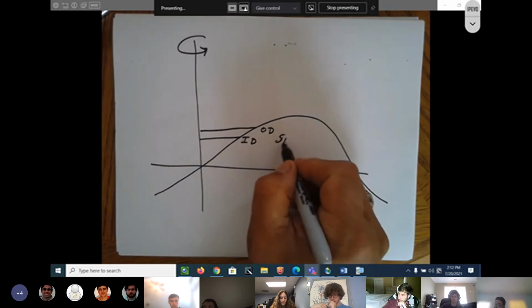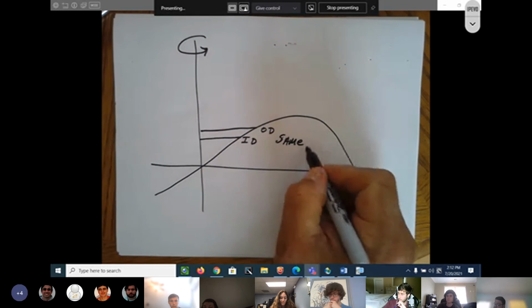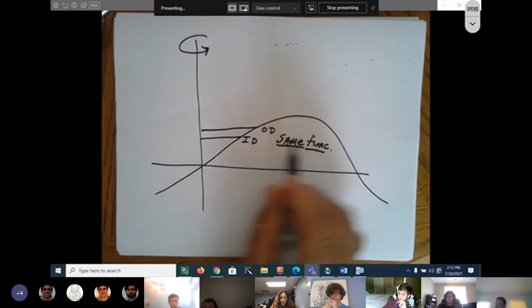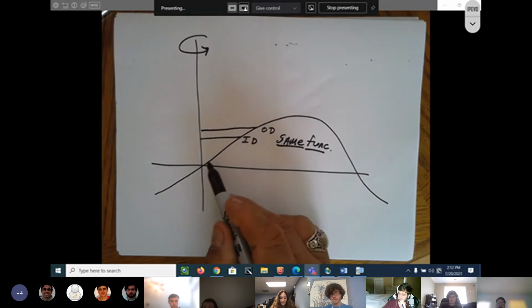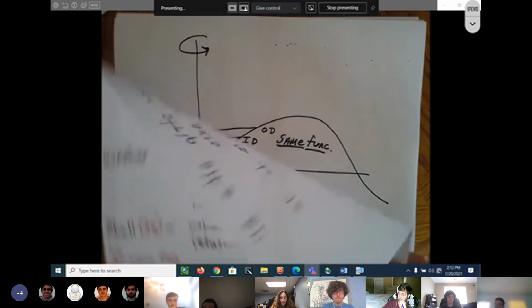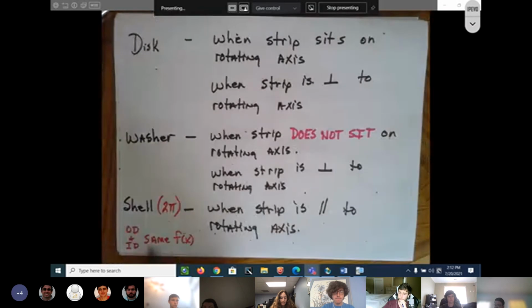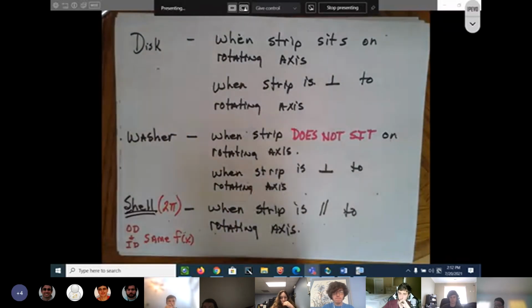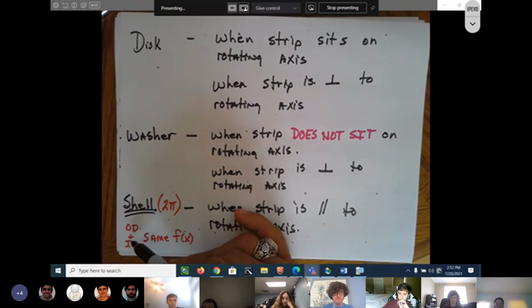But it's the same function. Usually, when you have the outside and inside diameter on the same function, that is pretty much a guaranteed shell problem. Okay?